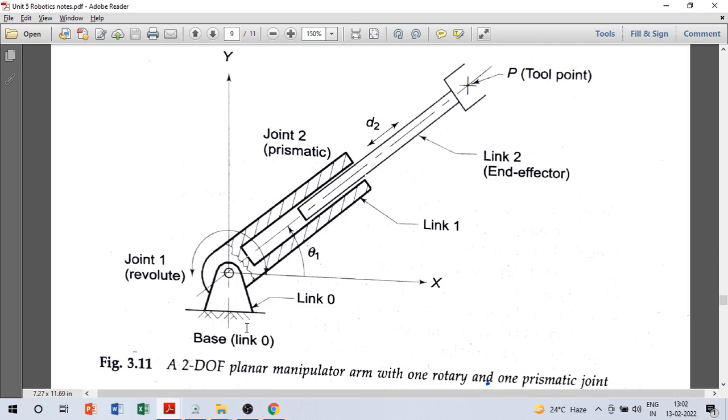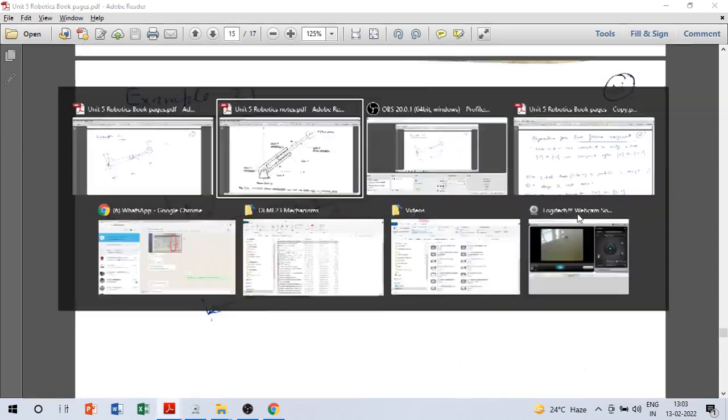There are three links here: the base link, link number 1, and link number 2. Link 2 is the end effector. There is a tool point P on this, and there is a revolute pair here and a prismatic pair here. It is a planar manipulator. Very simple.